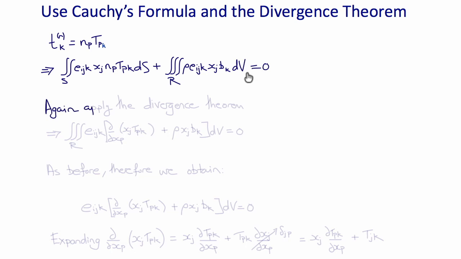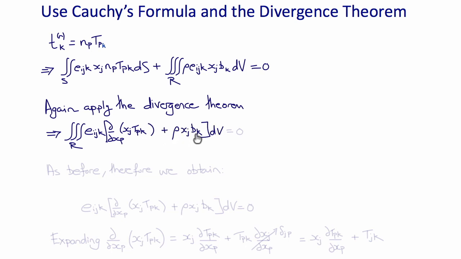Again, applying the divergence theorem to the surface integral of np tpk, the first term becomes the volume integral over R of eijk times del xp of xj tpk. So this again is the divergence. And the second term is the same, rho xj bk integrated with respect to volume.